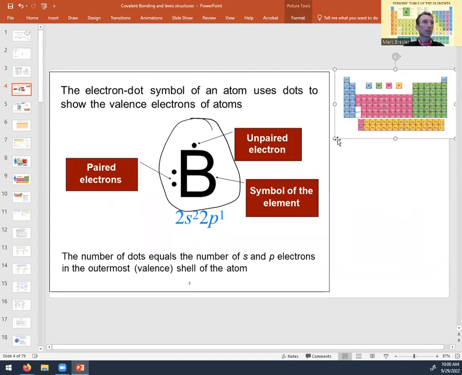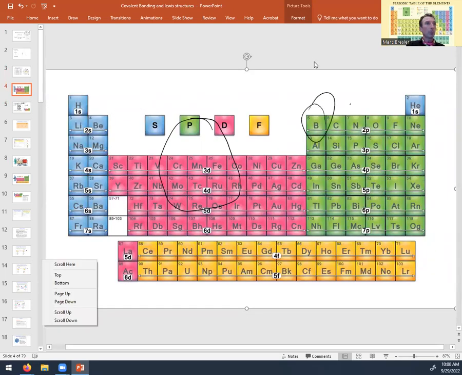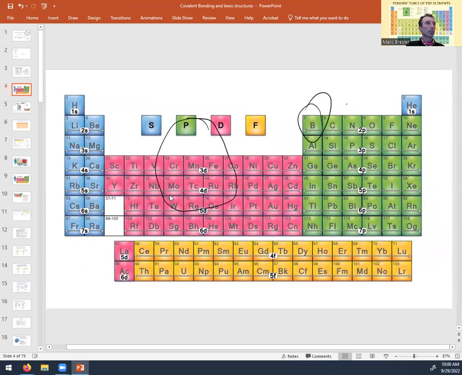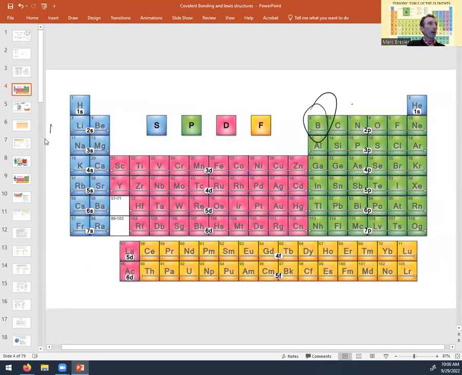Boron is right here on the periodic table. And so this is in the n equal 2 row. So you count 1, 2, 3 electrons over.